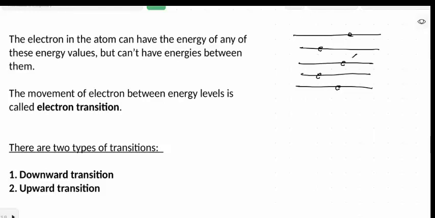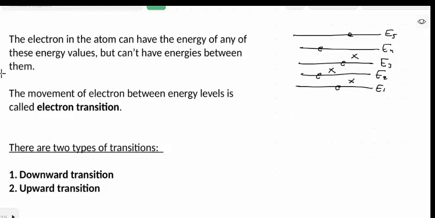But it's impossible to get an electron between them, because the electron can have the energy of one of these choices, either E1, E2, E3, E4, E5, but it can't have energy between them. This is a very important idea.